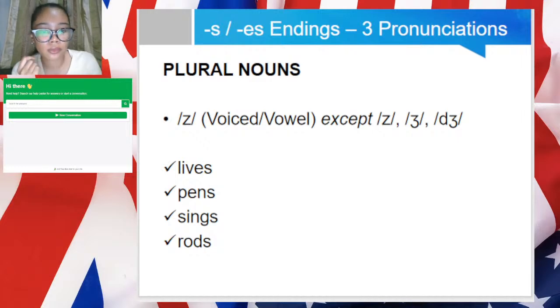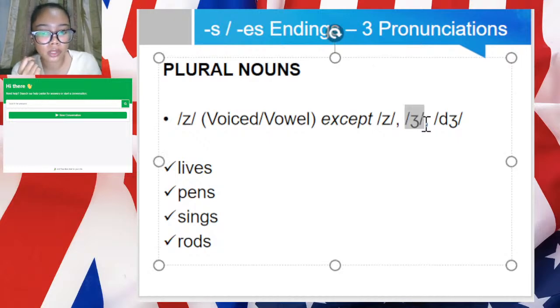Zh. This particular transcription is pronounced as zh. It's like the voiced counterpart of sh, like shoe. So the voiced counterpart of that is this one, the one highlighted. It's zh, like vision.